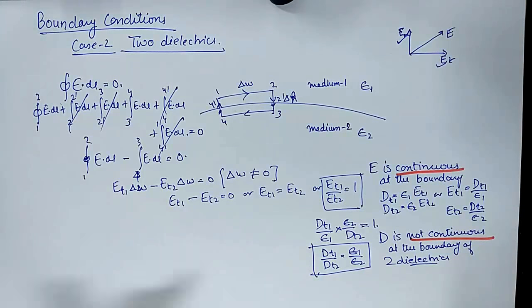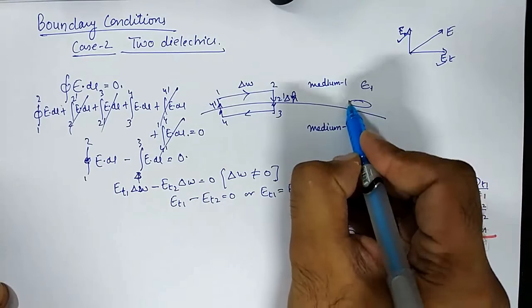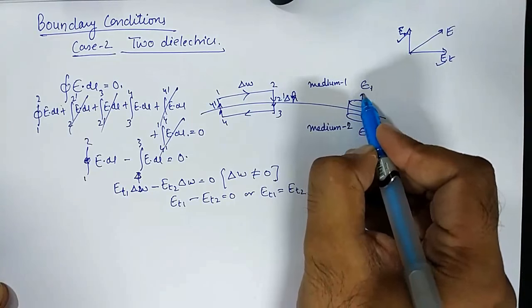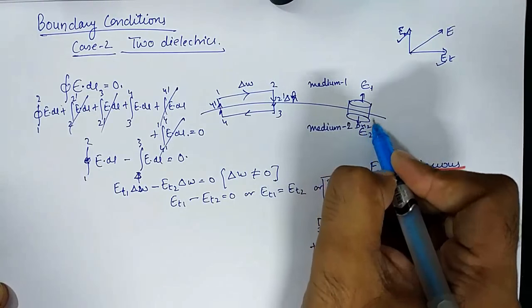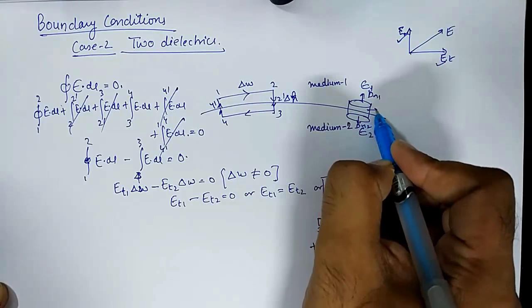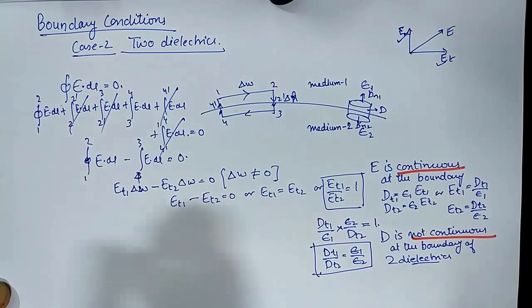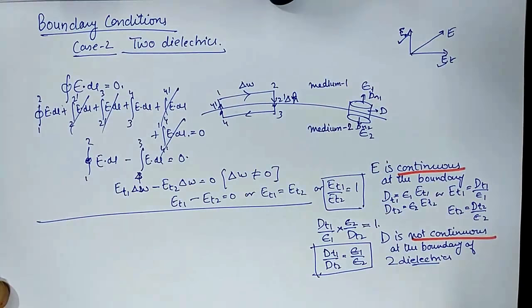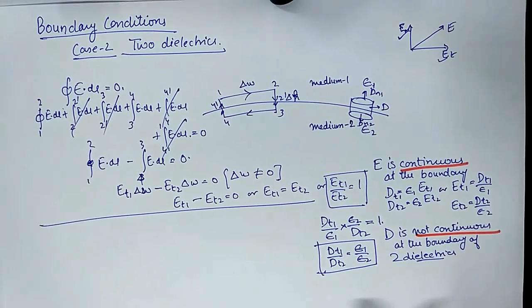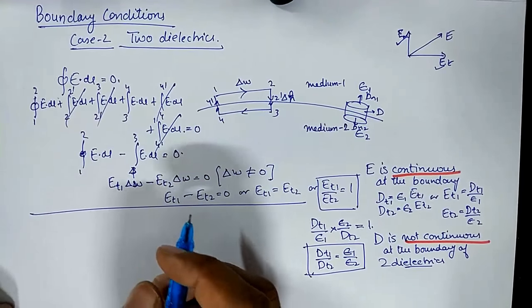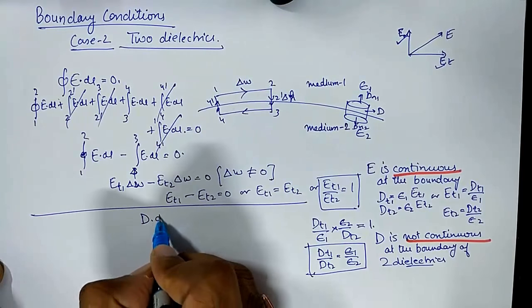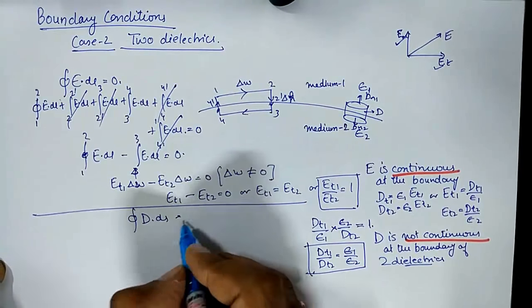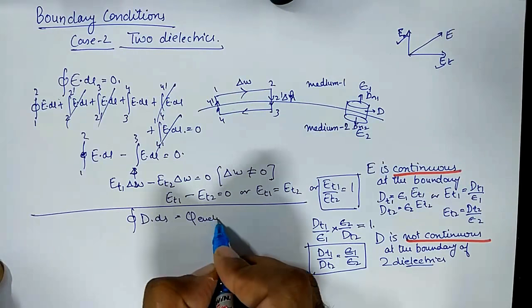And in order to find the normal component, what we do is we draw a small cylinder, Dn2, Dn1, D from sides, and we take up the help of Maxwell's equation, which says D dot dS is equivalent to charge enclosed.